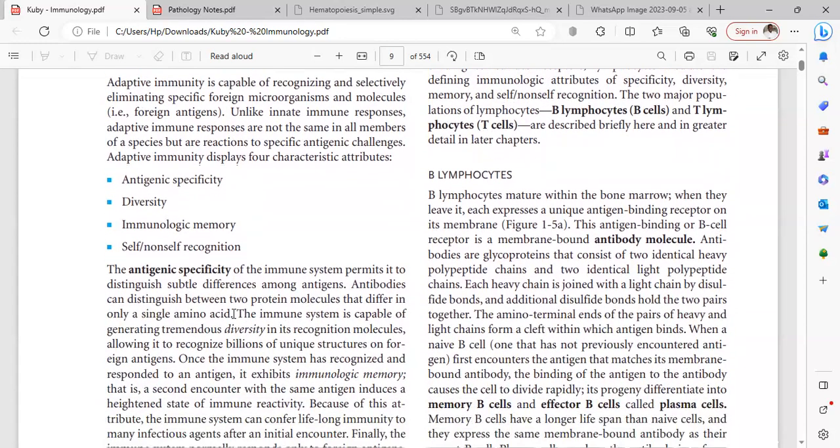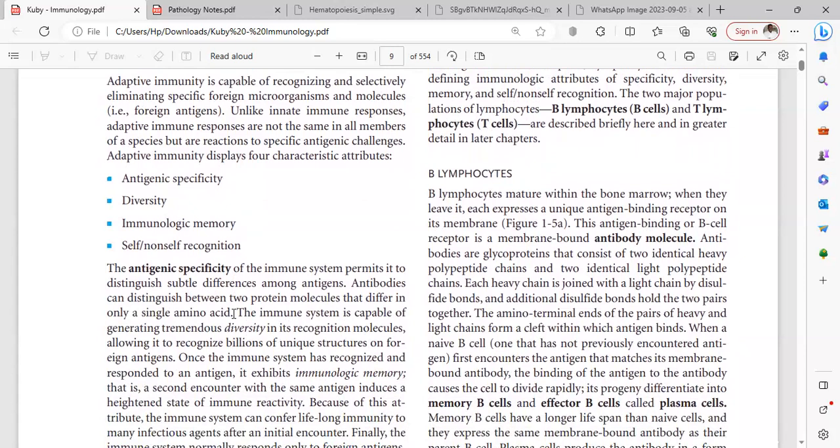For specificity, the immune system is able to distinguish between two protein molecules that differ in a single amino acid. It is able to distinguish the difference between our host cells and the foreign, so basically it is able to distinguish different antigens.